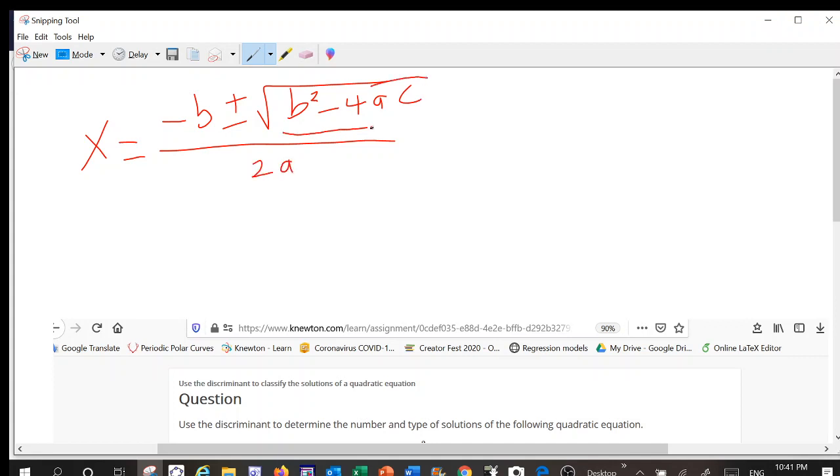Now the stuff inside the radical is called the discriminant. So b squared minus 4ac is the discriminant.